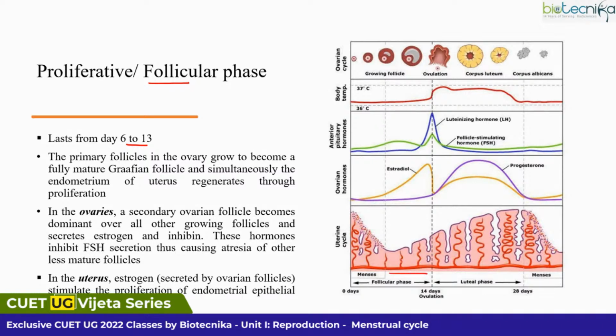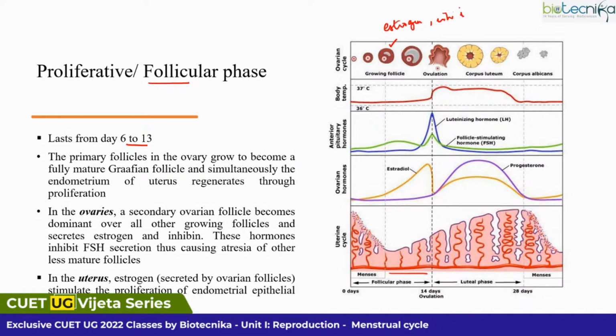In this phase, in the ovaries, a large number of follicles are developing. But one of the secondary ovarian follicles will dominate over the other follicles that are growing, and that dominant secondary ovarian follicle will secrete hormones like estrogens and inhibins.